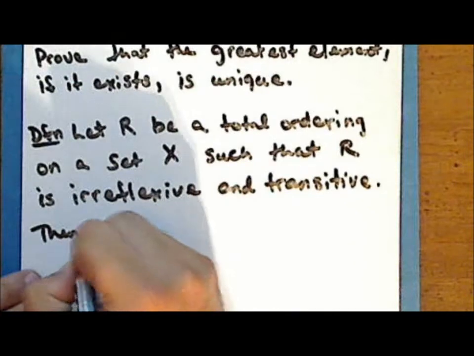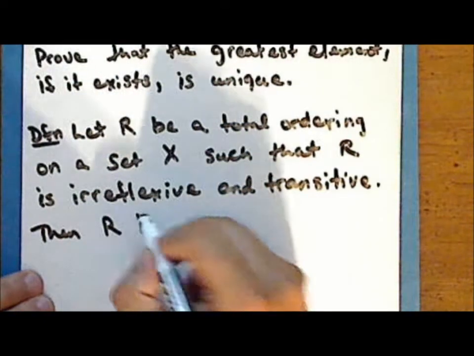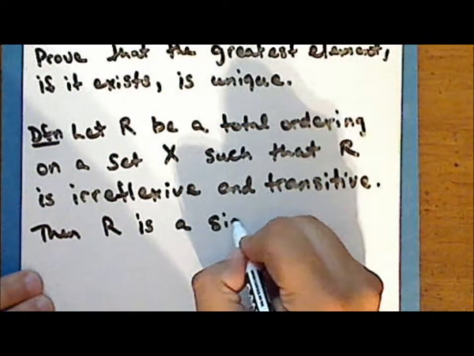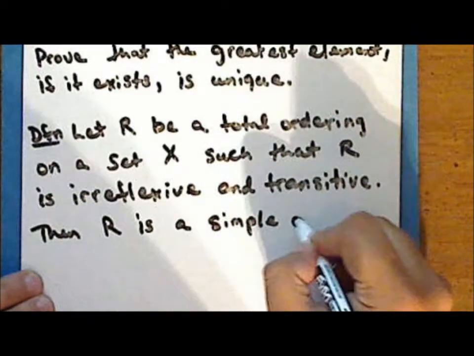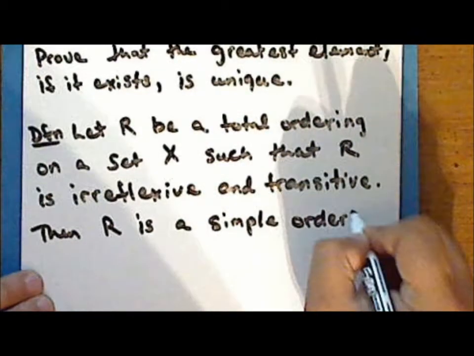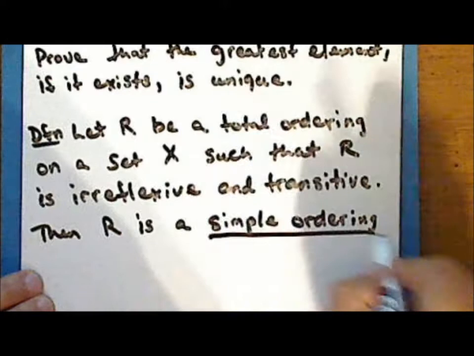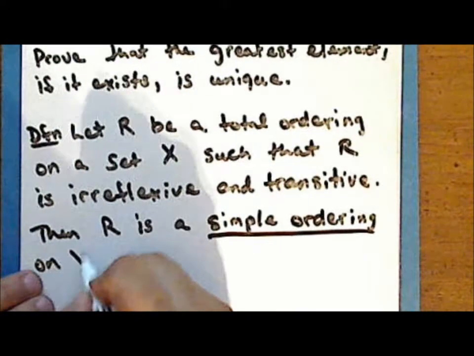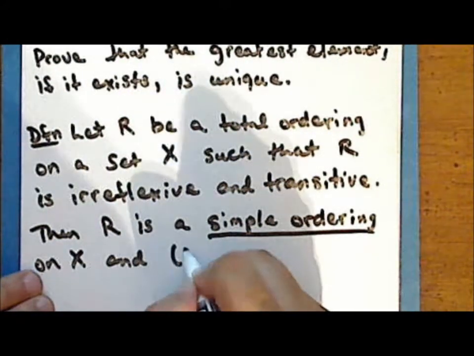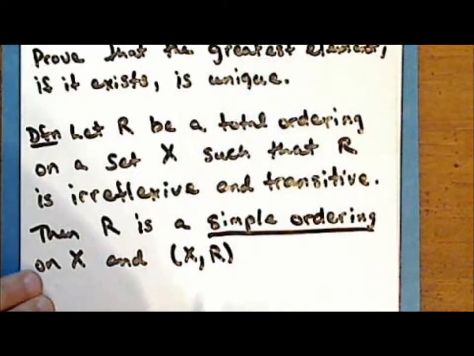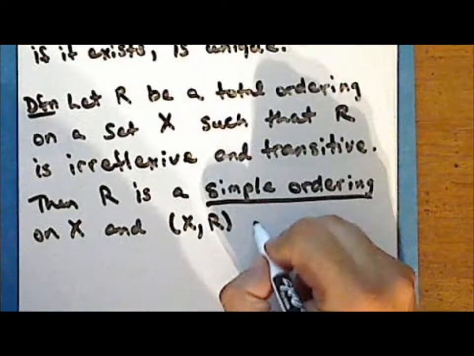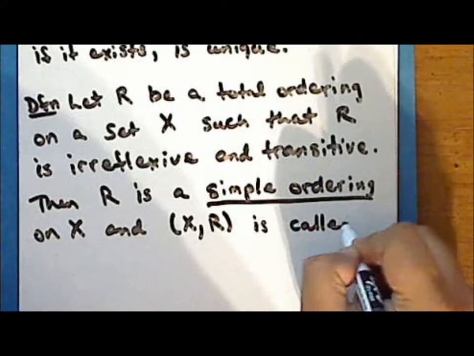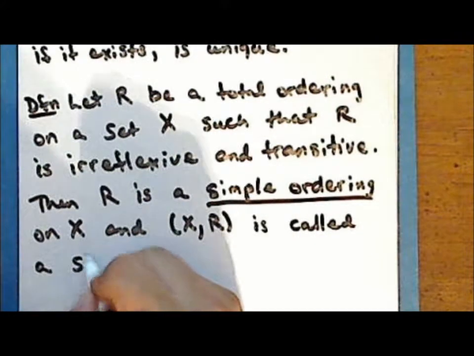Then the relation R is a simple ordering on the set X, and the set X together with this relation R is called a simply ordered set.